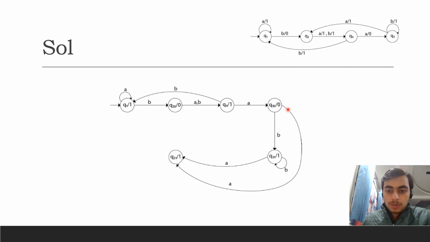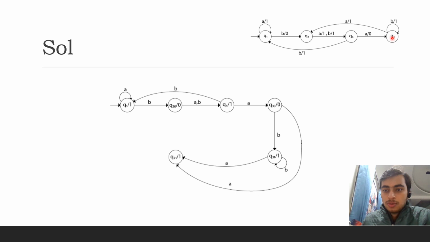So to specify that a state can have multiple outputs in this problem, we can write like this, Q3 node and Q3 1. Similarly, when this takes B as input string, it comes to this and 1 is the output.